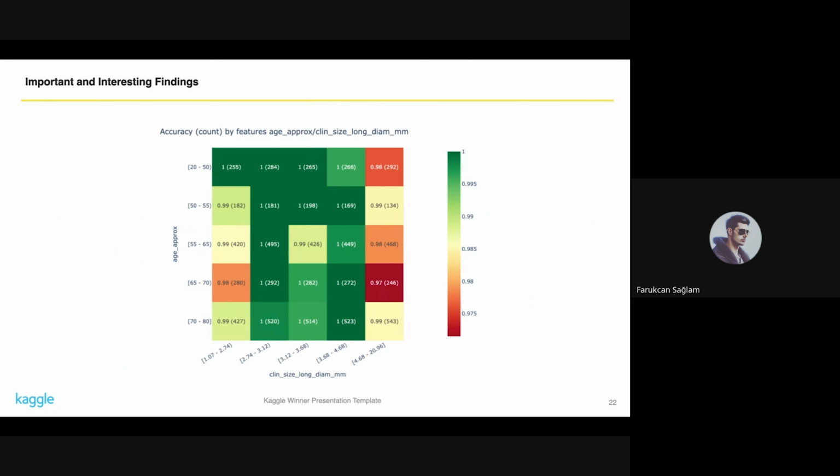And you can see the performance of the model over different age segments and diameter of lesions. Mostly elderly patients have lower scores. Also, the diameter of lesions, higher and lower end, they affect model scores.